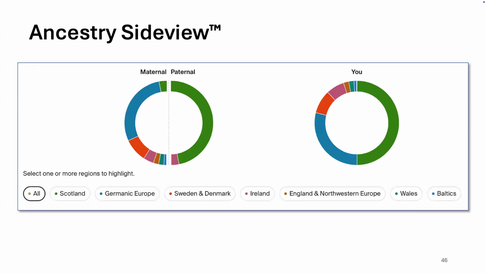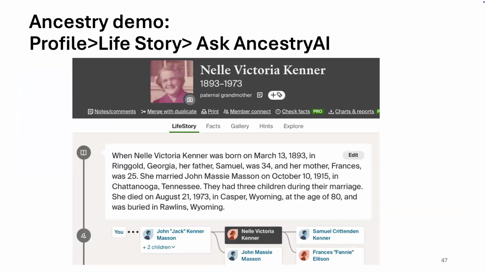This is side view. This is the old one. The new one's much different. I had to label these. It said one of your parents is from Scotland and one's from Germany. So I knew it, and I had to label those. This is all done with some AI stuff. This is called Life Story, again, on Ancestry.